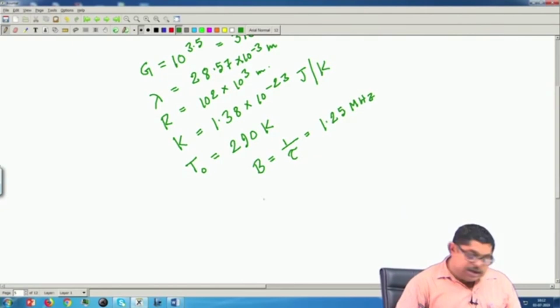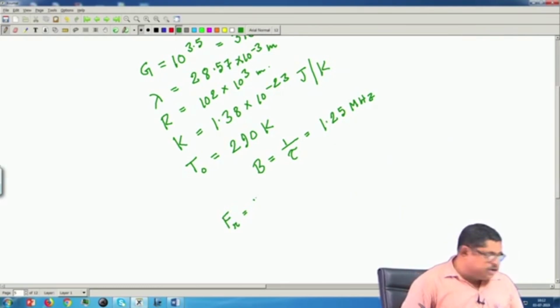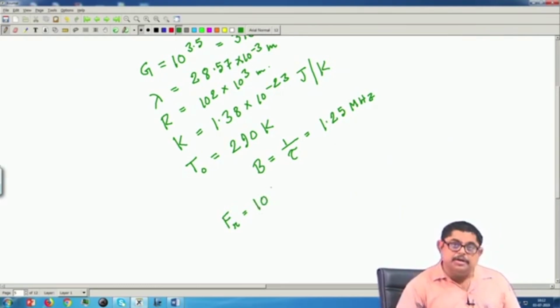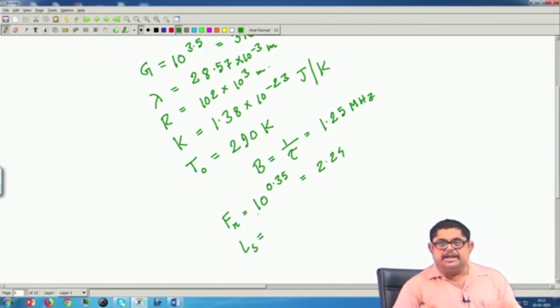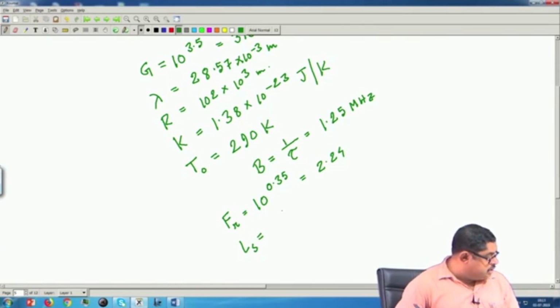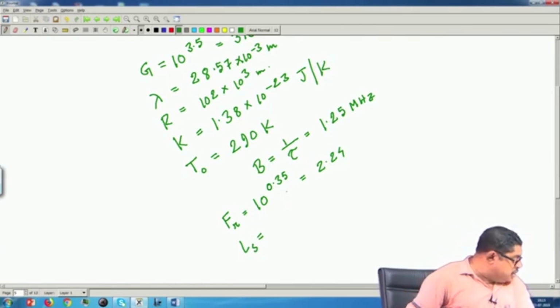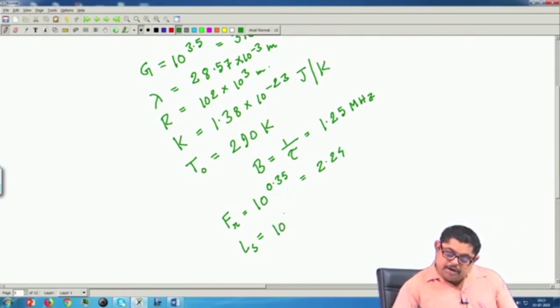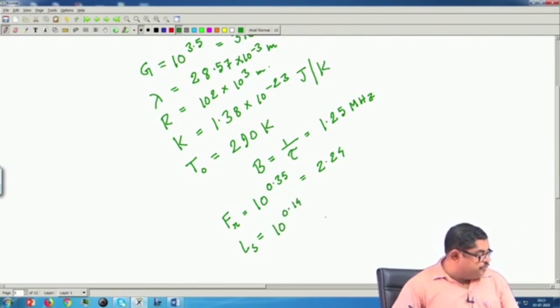Then F_R, it is said that receiver noise figure is 3.5 dB, so 10 to the power 0.35. So, that will be 2.24 absolute value, and system loss, other losses in various cables, various joints, etc., that is I think 1.4 dB. So, that means 10 to the power 0.14.